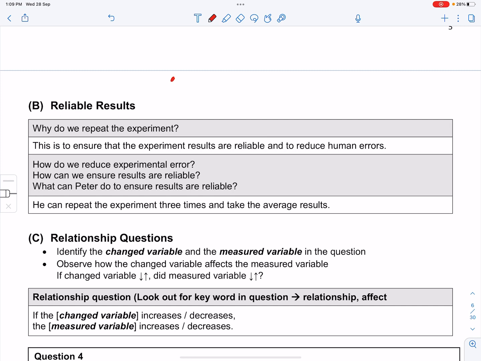Now, the three types that people often mix up would be reliability, accuracy, as well as the last one will be fair test.